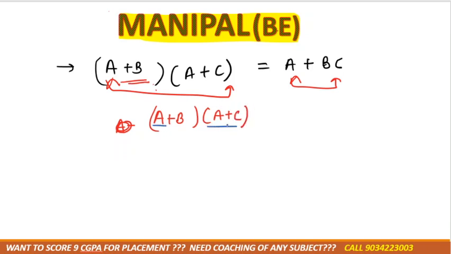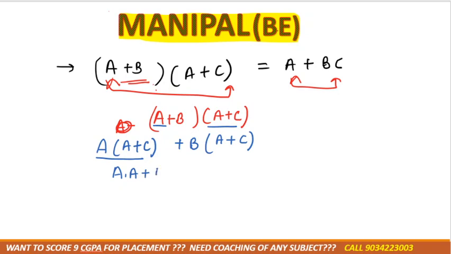If I open this bracket, it would be A into (A + C) plus B into (A + C), correct? So if I multiply, that would be A·A + A·C + B·A + B·C. As you know, A·A is how much?